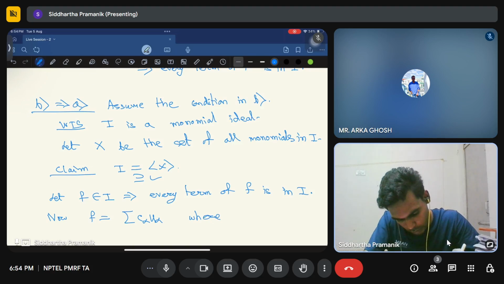So c_alpha are in k and u_alpha are monomials.